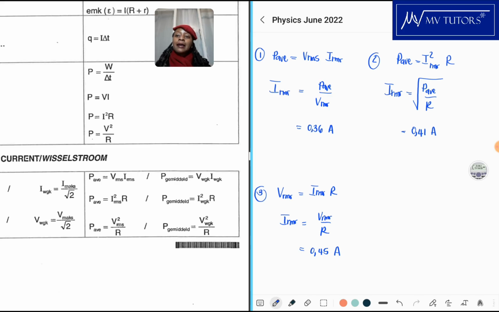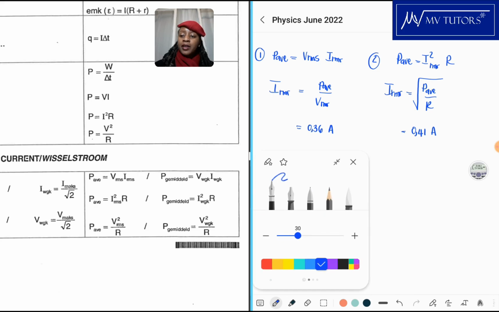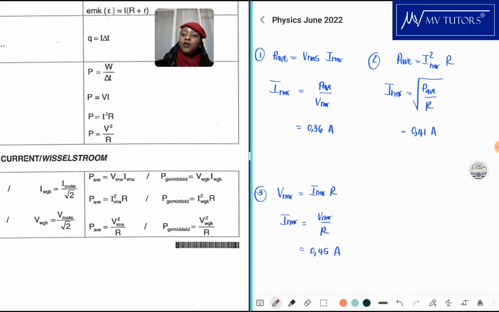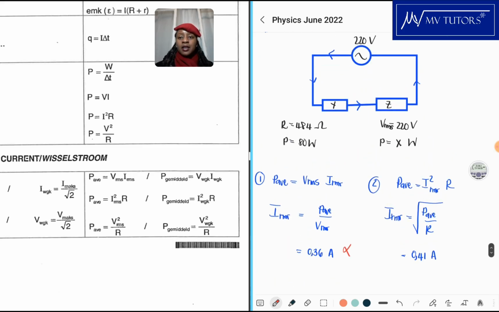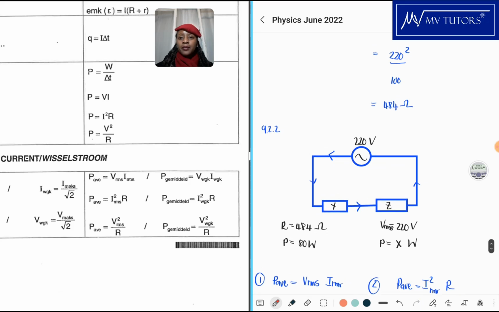Okay, guys, in this case it would be an error for you to go with this and with that. Why? Remember when the voltage across resistor Y was 220 and your power was 100, you got a resistance of 484.